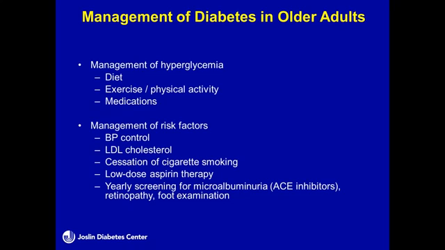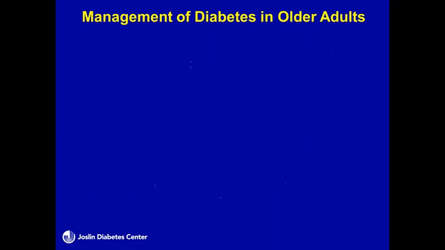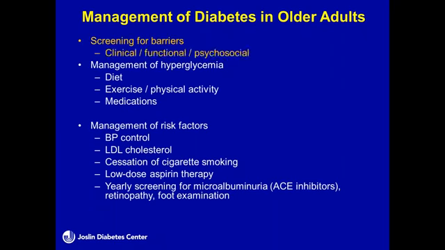So when we think of diabetes management, we think about hyperglycemia, we think about risk factors, as we have talked about in adult patients. But moreover, we have to think about the barriers, which in this population may be even higher than in adults. So evaluating clinical, functional, and psychosocial barriers is very important.